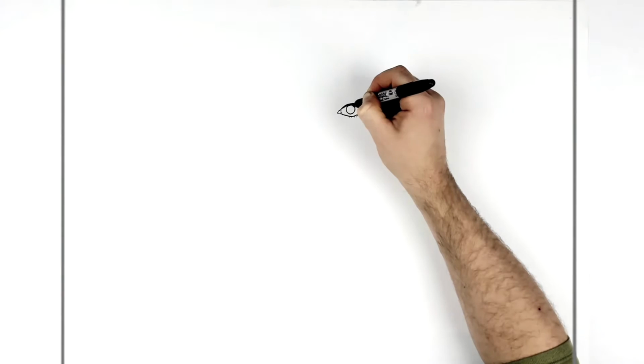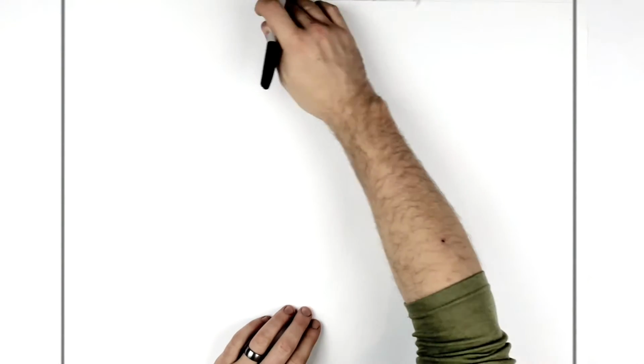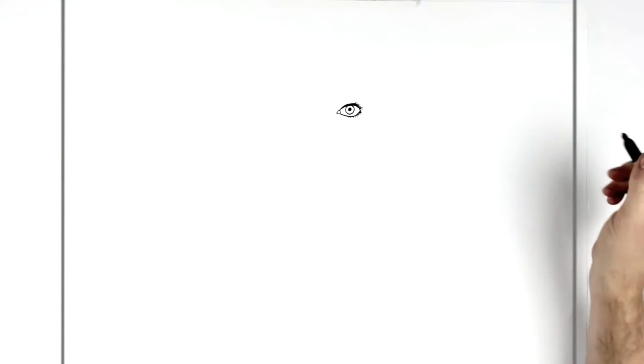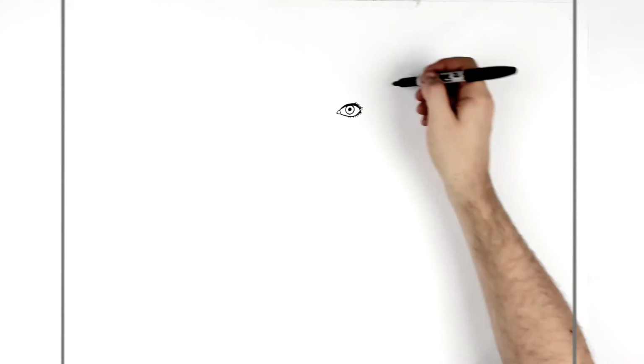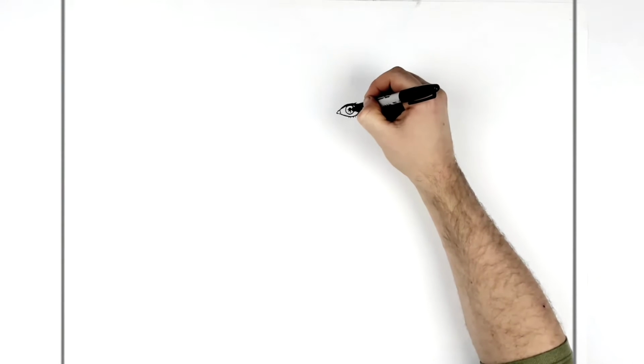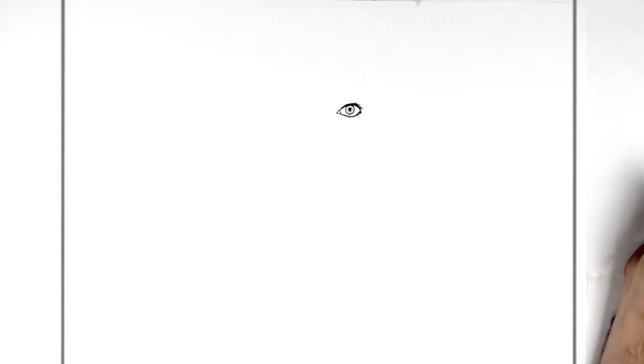And it just goes around like that. Okay, and then her pupil right in the middle. Right, like so. And if you want, you can add some iris lines just coming around there like that. Okay, so semi-realistic sort of drawn eye, right?